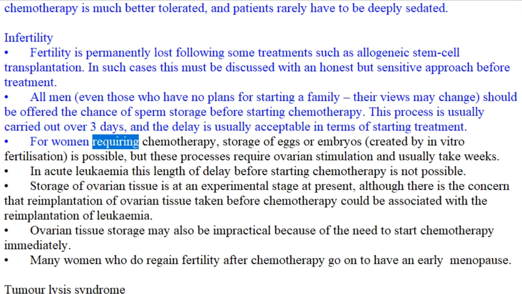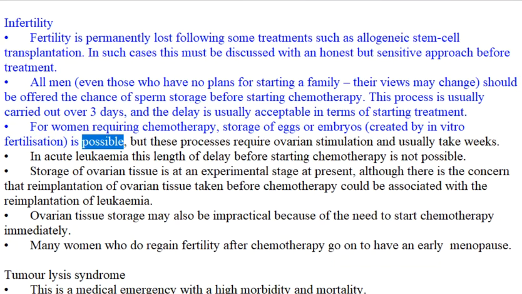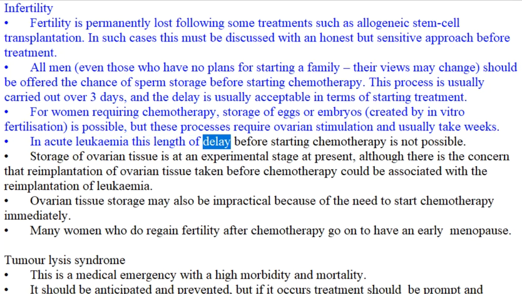For women requiring chemotherapy, storage of eggs or embryos, created by in vitro fertilization, is possible, but these processes require ovarian stimulation and usually take weeks. In acute leukemia, this length of delay before starting chemotherapy is not possible.